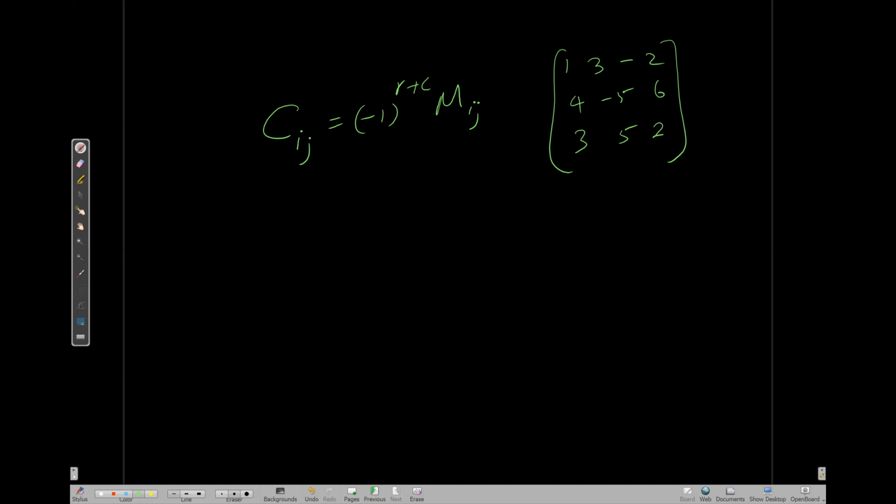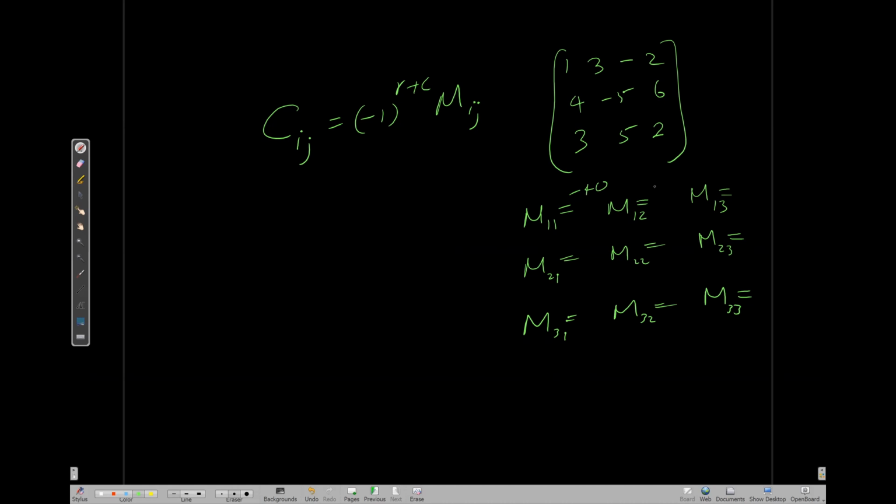In this one, we found M11, M12, M13, M21, M22, M23, M31, M32, M33, and those values: negative 40, negative 10, M13 we got 35, and the second row we got 16, 8 and negative 4, and then we got 8, 14 and negative 17.